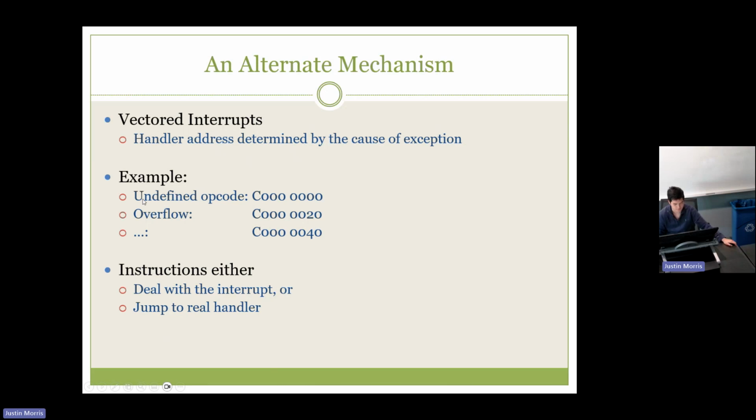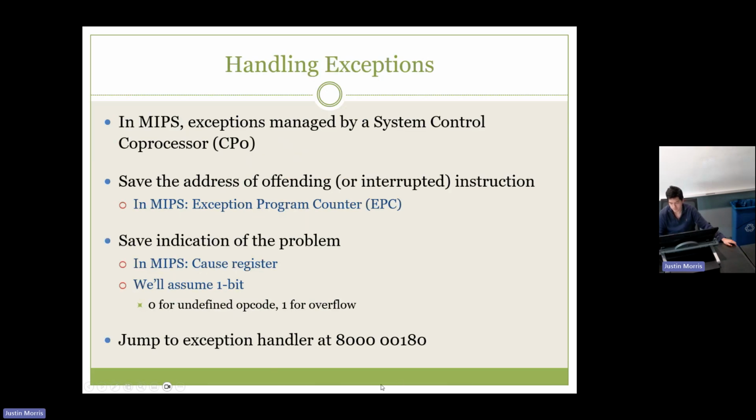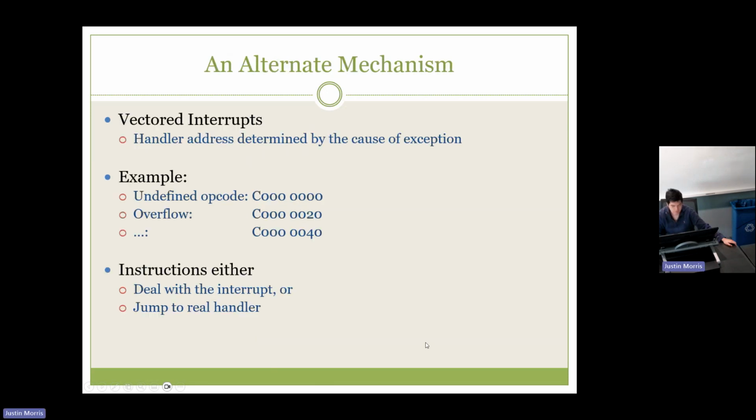So if it's an undefined opcode, rather than just jumping to one place, being 8000 and then 180, we would jump to C0 if there's an undefined opcode. But if it's overflow, we're going to jump to this handler. And so on for all of our different kinds of exceptions and interrupts.